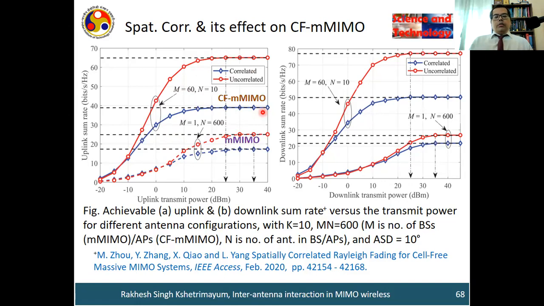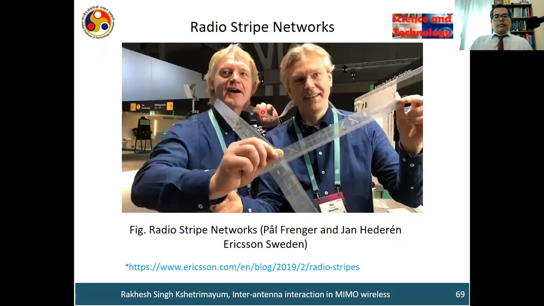What you can observe is that cell-free massive MIMO has higher sum rate or capacity than the massive MIMO. Similarly, this is for the downlink case, this is for the massive MIMO, and this is for the cell-free massive MIMO. So from these graphs here, you can observe that cell-free massive MIMO has much better performance, higher data transfer rate than the massive MIMO. And because of the correlation, the data transfer rate has been reduced.